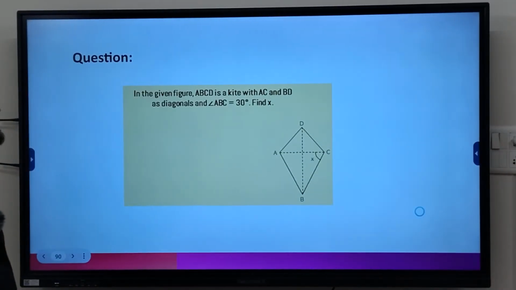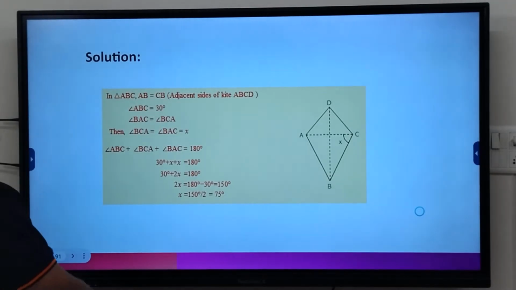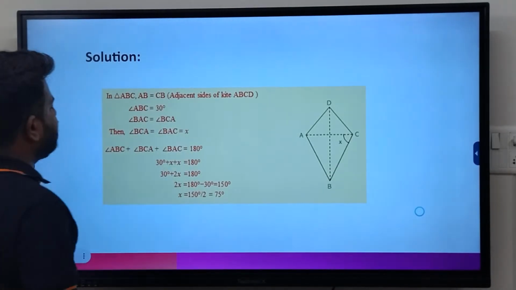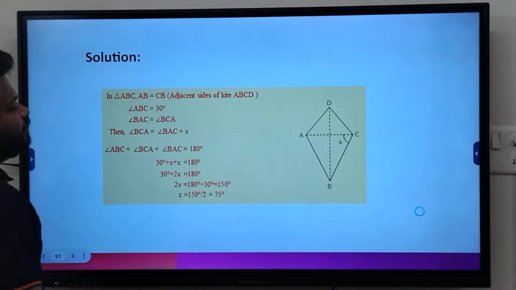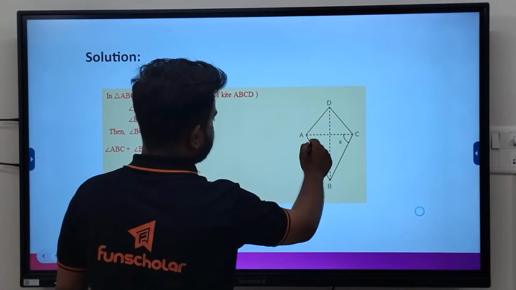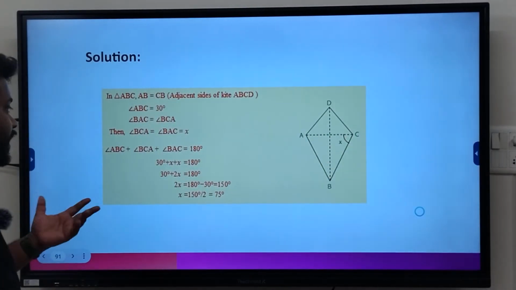Next, in the given figure, ABCD is a kite with AC and BD as diagonals. ABC is 30 degrees. So find X. We already know that ABC is 30 degrees and BAC and BCA will be the same. These two angles have to be the same. That is X, which we have to find.